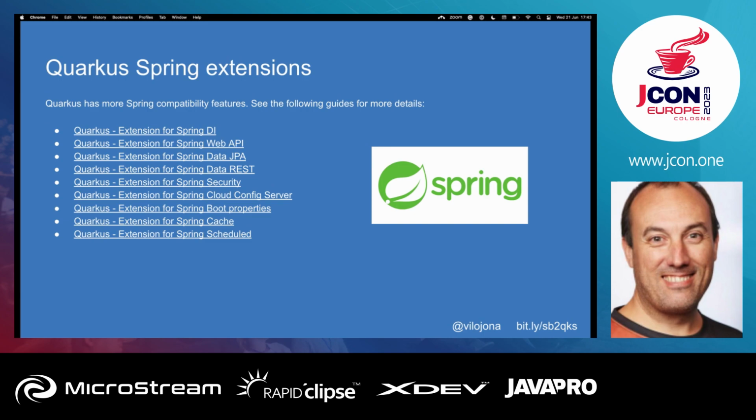No. Everything that you use in Quarkus needs to be optimized for Quarkus, and so you cannot mix, at least not the default way. You could tweak a lot of things, but then you would not gain this performance improvement.